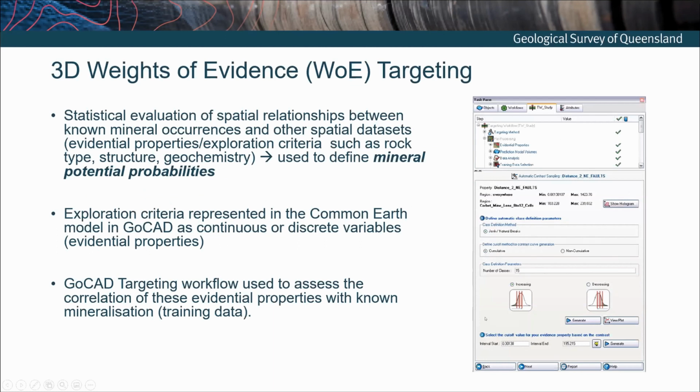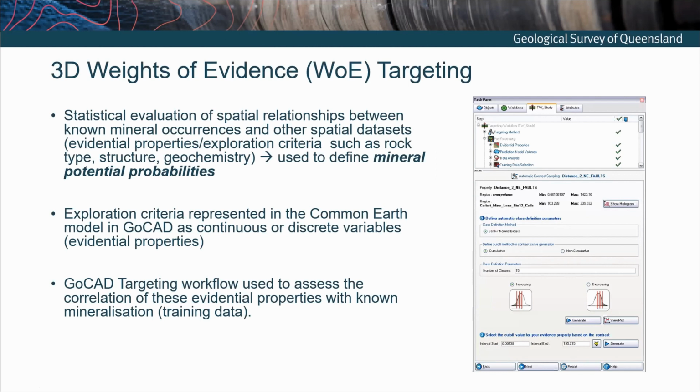So with weights of evidence targeting, I'm not going to get too technical here, but essentially it's an evaluation of the spatial relationships between known mineral occurrences. So that's our training data. So we picked a number of the major deposits across the area and their relationships with other spatial data sets. So these are evidential properties or our exploration criteria defined by the previous research, and they're turned into mineral potential probabilities.